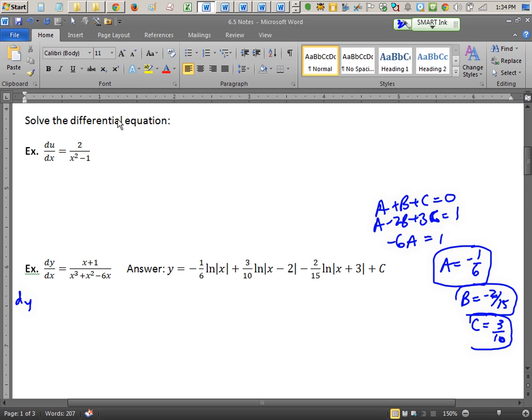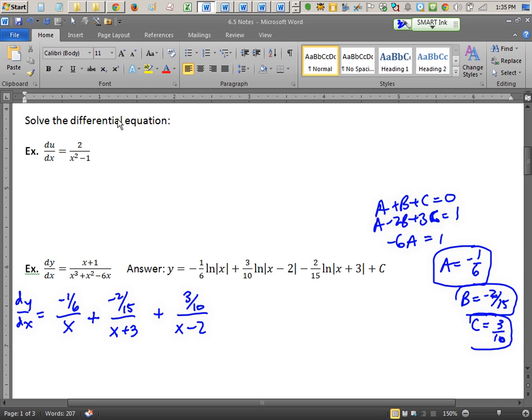So we now believe that dy dx can be written as negative 1/6 over x, plus negative 2/15 over x plus 3, plus 3/10 over x minus 2. And that's not hard to integrate at all.